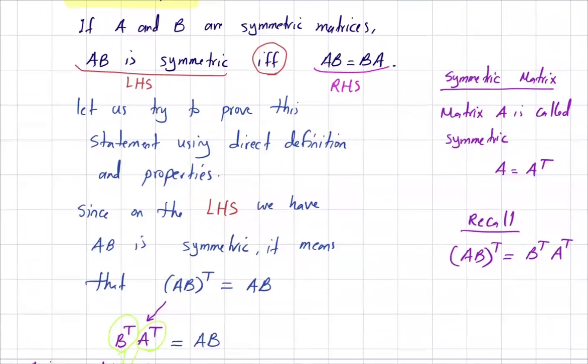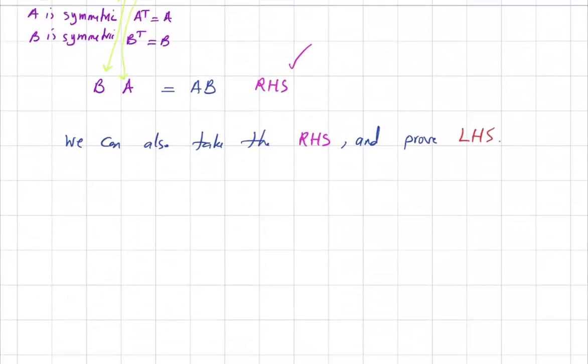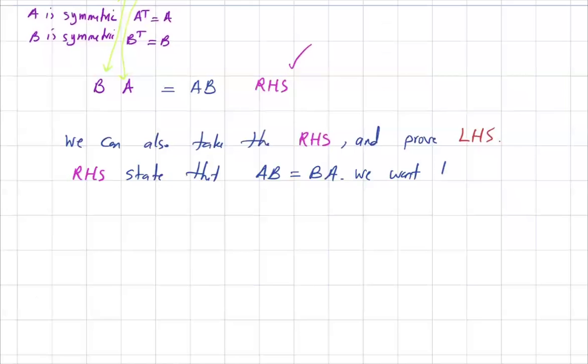And we want to show that A times B is symmetric. The right-hand side states that AB is equal to BA. We want to show left-hand side, we want to show that AB is symmetric.